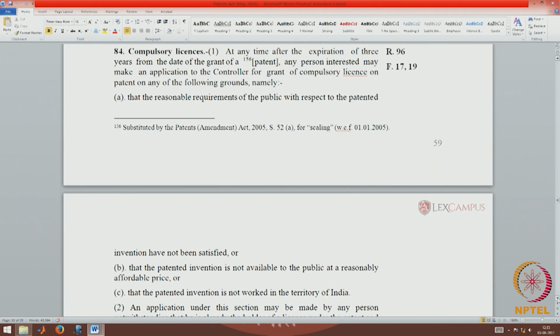Form 27 is the form that is used for filing statements on working, whether the patented invention is worked on a commercial scale. So, we will look at the working requirement and we will see whether the working requirement is satisfied. But one of the grounds for seeking a compulsory license is that if the invention is not worked on a commercial scale in India, it could be a ground for getting a compulsory license.